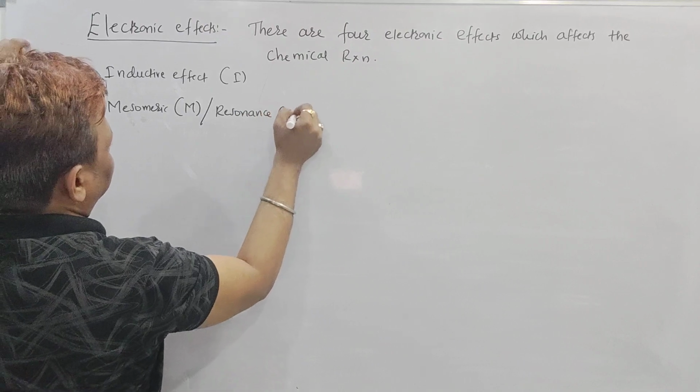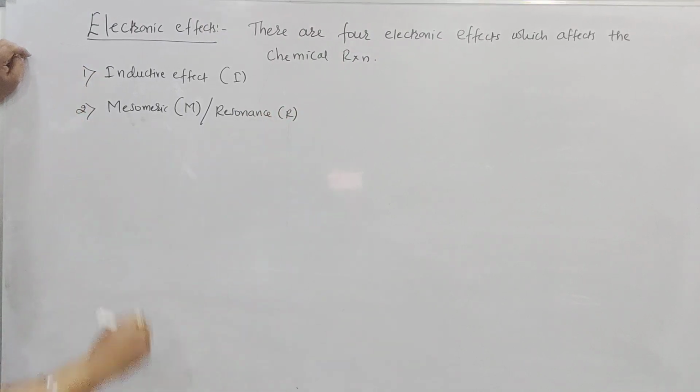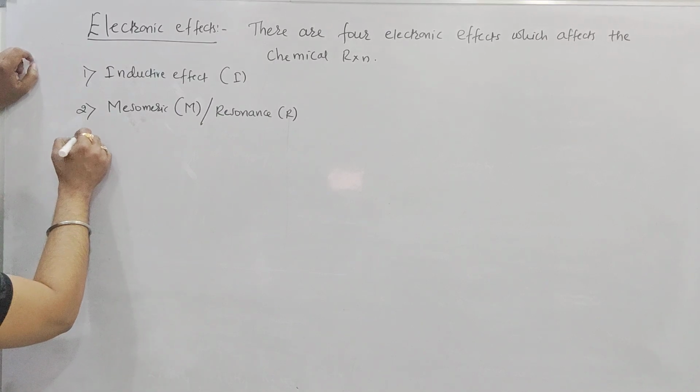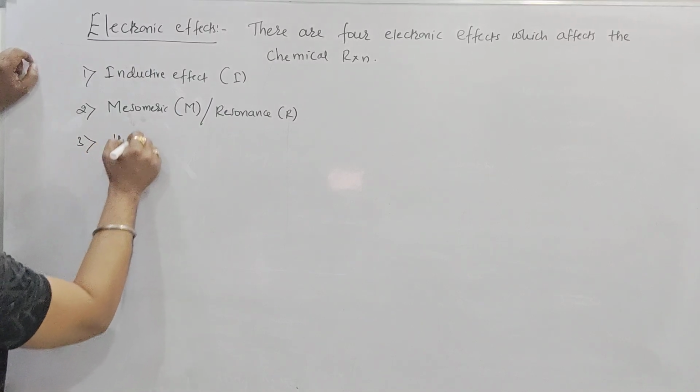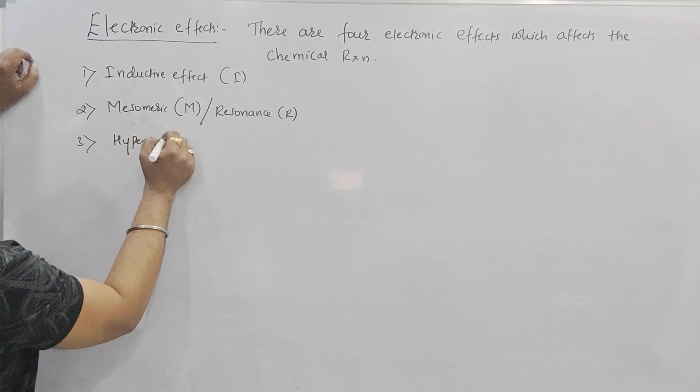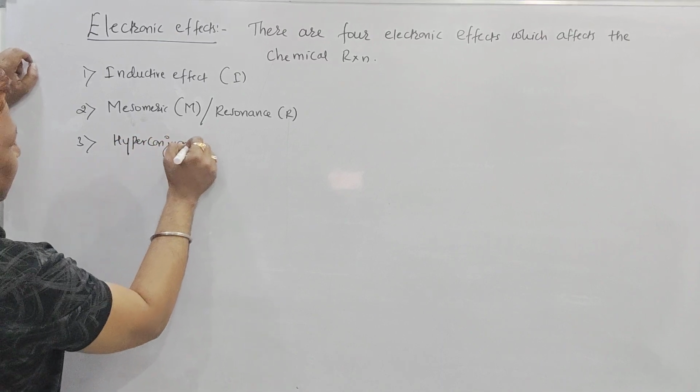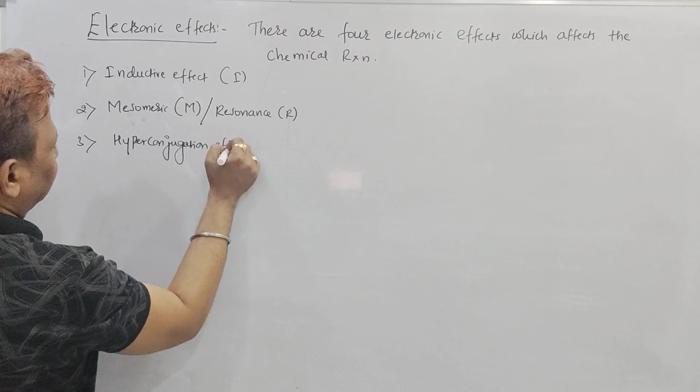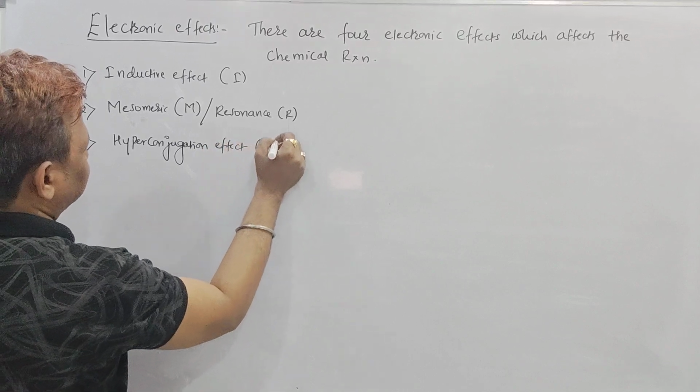Actually the mesomeric and resonance parts are different, but in every book they have written like that only, so I wrote the same way. And third one is the hyperconjugation effect, which is denoted as H.